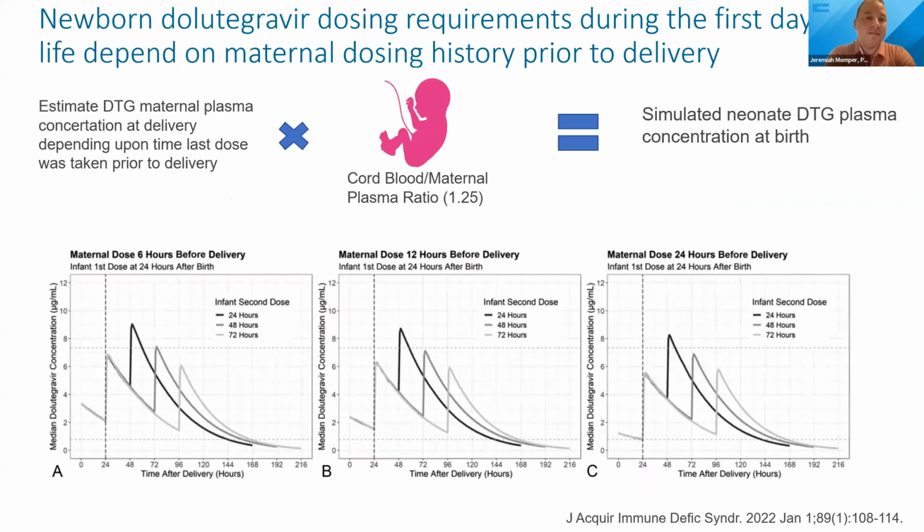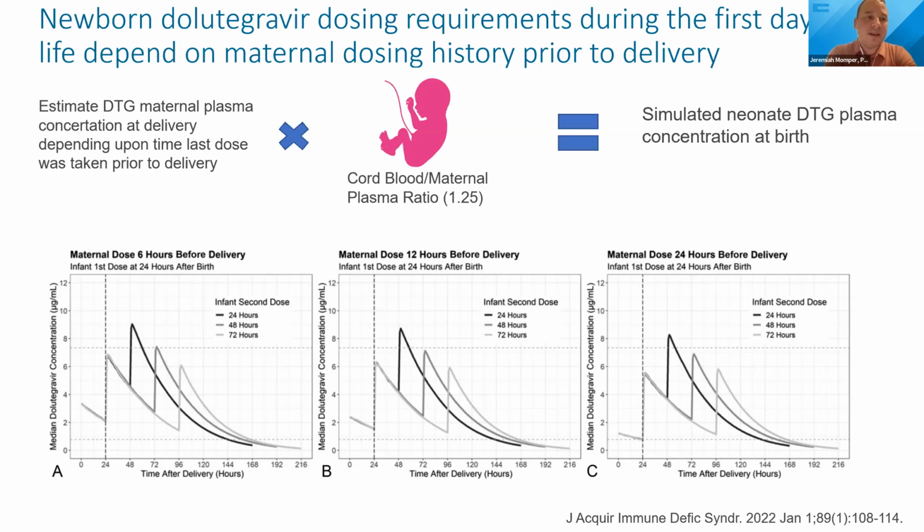And this is one example of just that. So we looked at very recently newborn dolutegravir dosing requirements and the relation between maternal dosing prior to delivery. And so this illustrates bringing forward cord blood samples and infant washout samples that are obtained either by venous draws or, as I talked about before, through heel stick sampling.